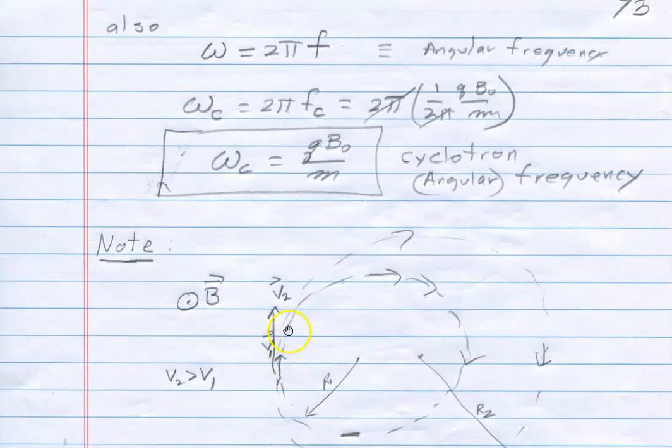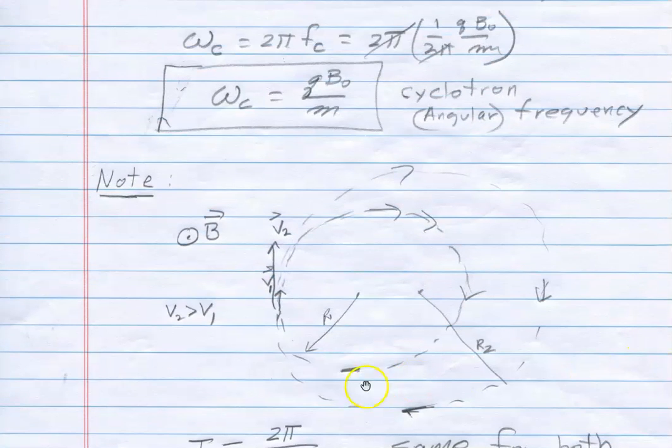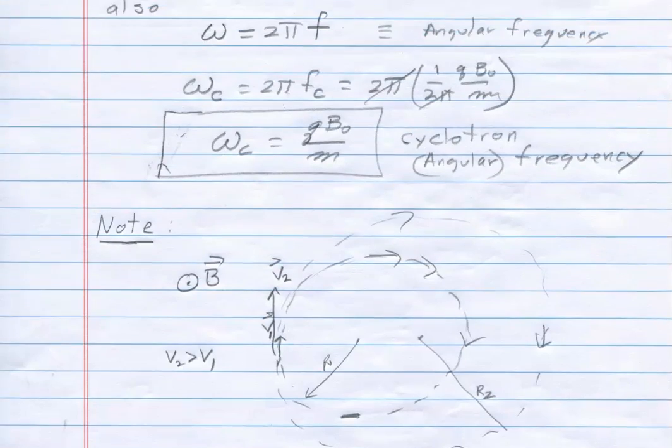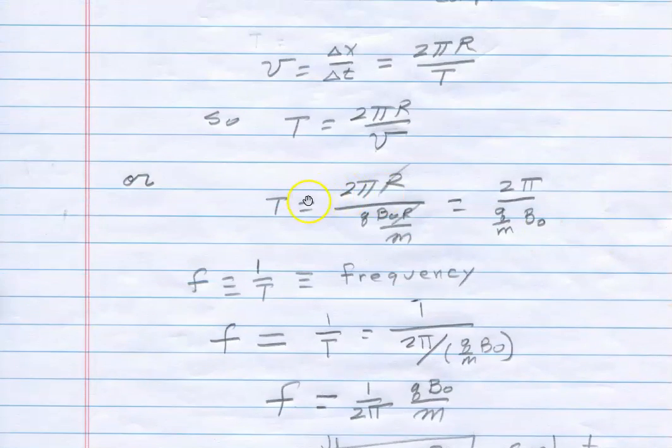For the low velocity particle, it's going to have a smaller radius, r1. The high velocity, the radius is proportional to the speed of the particle, so it'll have a larger radius, r2. However, in this process, the period, the r's canceled out, and so both of them have exactly the same period.